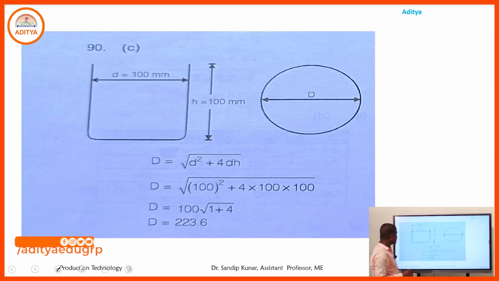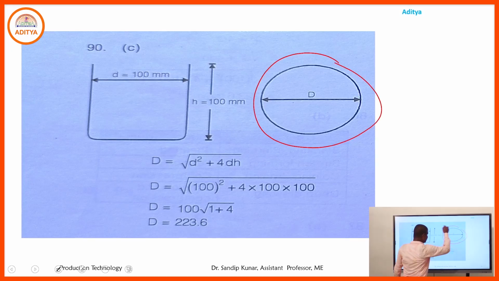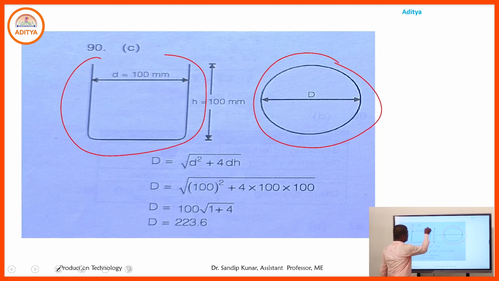Now, let the blank diameter be D, and using the punch we produce that cup shape. The produced cup shape has diameter small d equal to 100 millimeter and height equal to 100 millimeter.